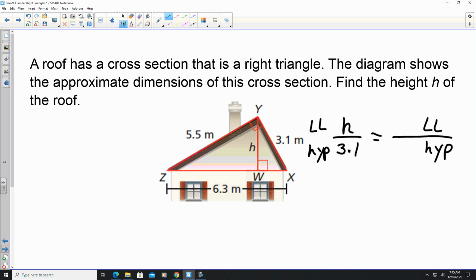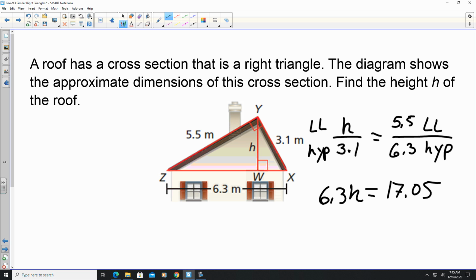So looking at the large triangle, my long leg is 5.5. My hypotenuse is 6.3. Okay, so I was consistent throughout my whole fraction. Long leg was on the numerator and hypotenuse was on the denominator. So now I can go about using cross product. So this is now going to be 6.3 H is equal to 3.1 times 5.5, which gets you 17.05.